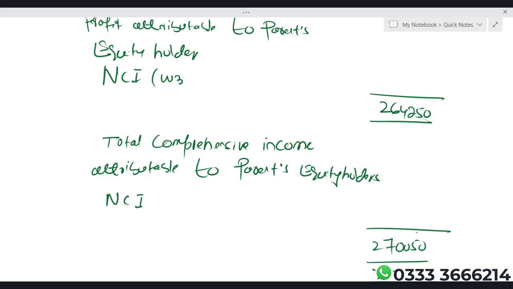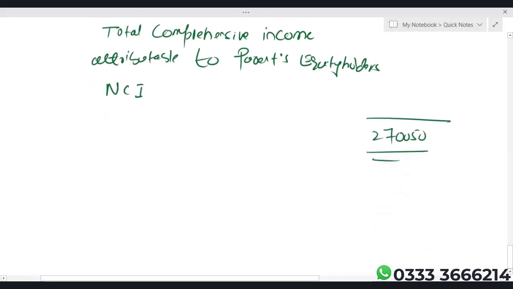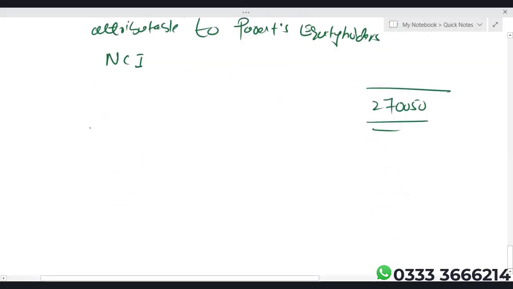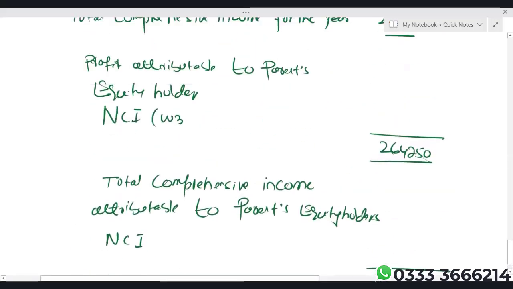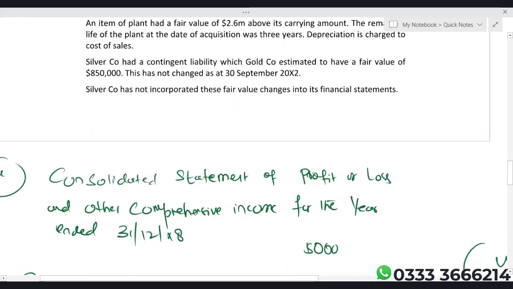Now let us calculate the value of NCI. We know that parent's holding is 85%, so NCI holding is 15%. For NCI, we first have to take subsidiary's PAT.